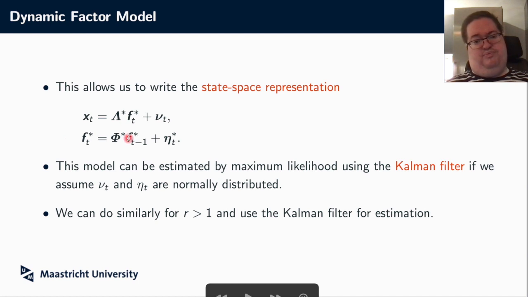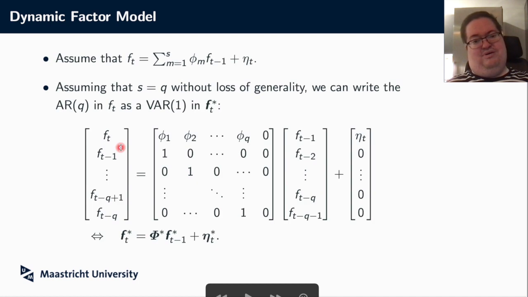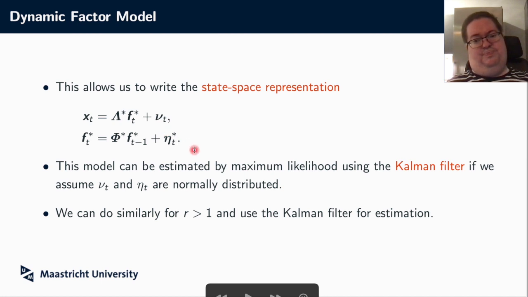In this matrix here, which is phi star, you would actually impose this whole lower block, and you would only need to estimate these AR coefficients. Now, for this we can use the Kalman filter, which you might not be familiar with, so I'm not going to explain this here in detail, as it actually fits better in a time series context.